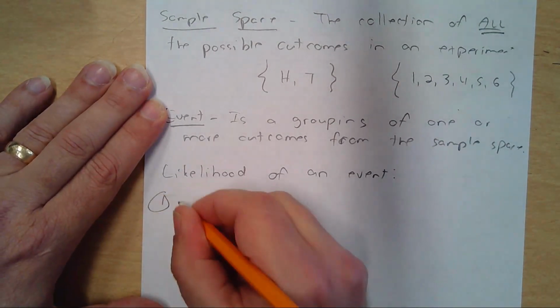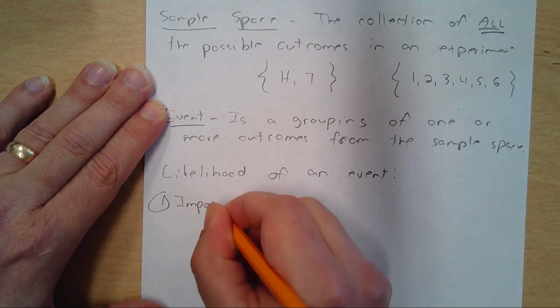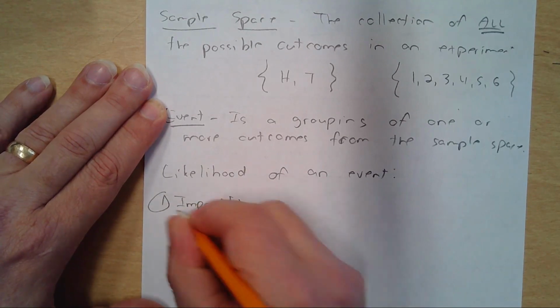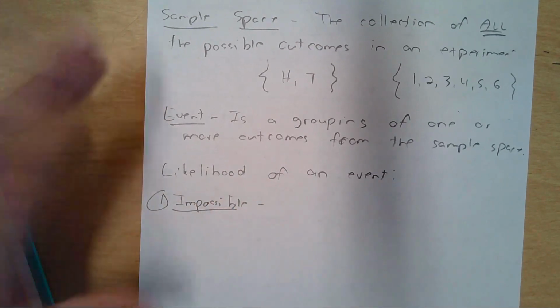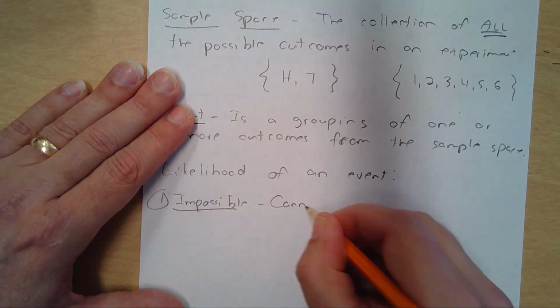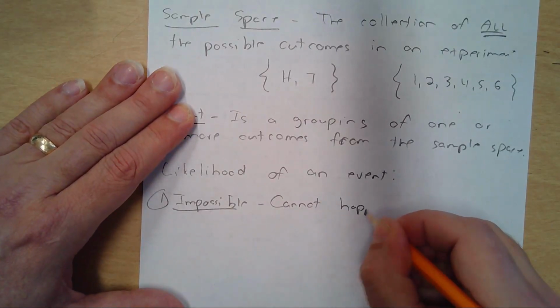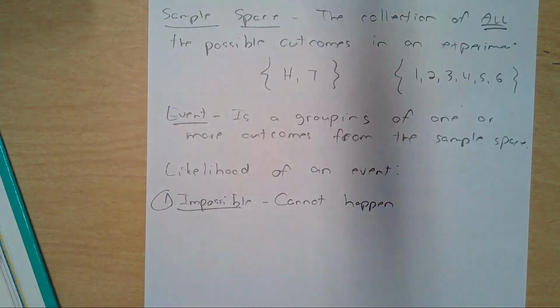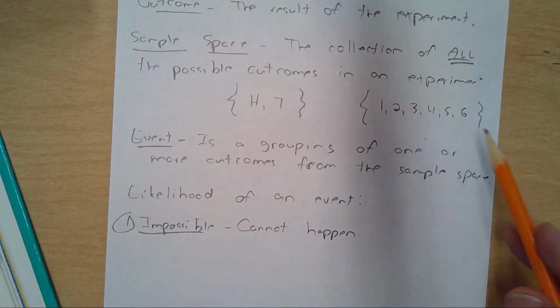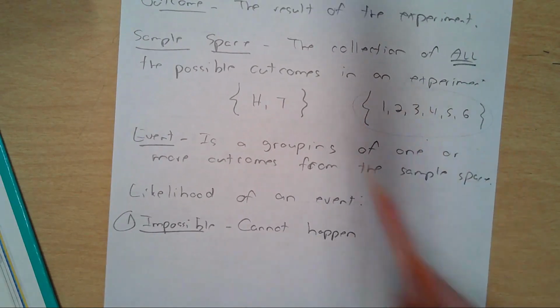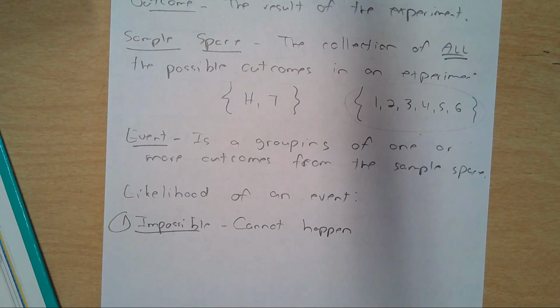So first, an impossible event. An impossible event cannot happen. Right? Has no chance of occurring. So if I'm rolling the die here, and I say, what is the probability of me rolling a number greater than 7?